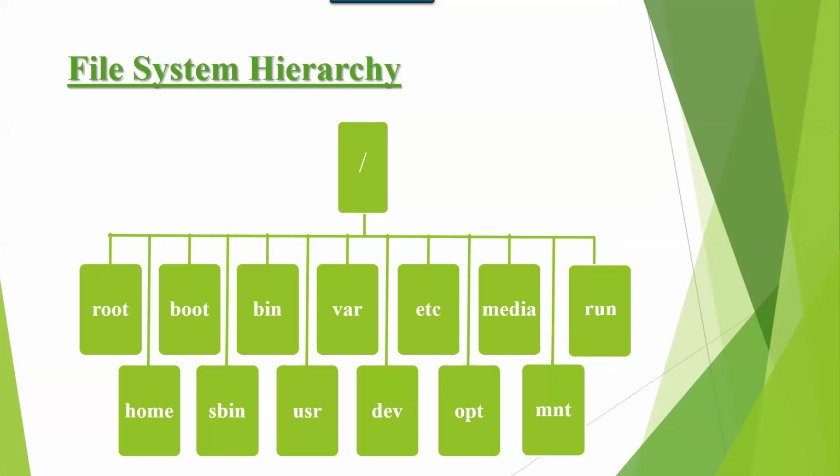So now in home, Tom and Jerry directories are there. When user Tom logs in and creates any files or directories, the data is going to be stored under Tom's directory. And when Jerry logs in and creates any files or directories, the data is going to be stored under Jerry's directory. They are under home.